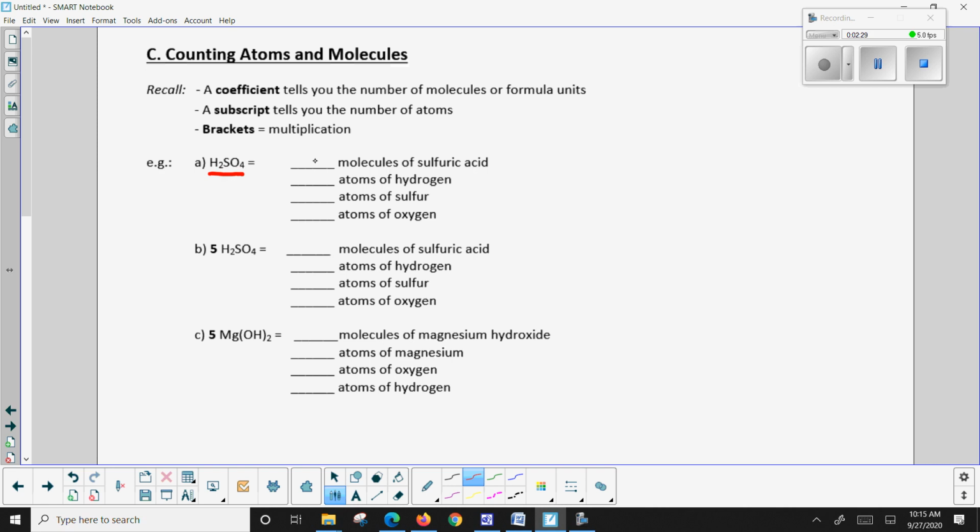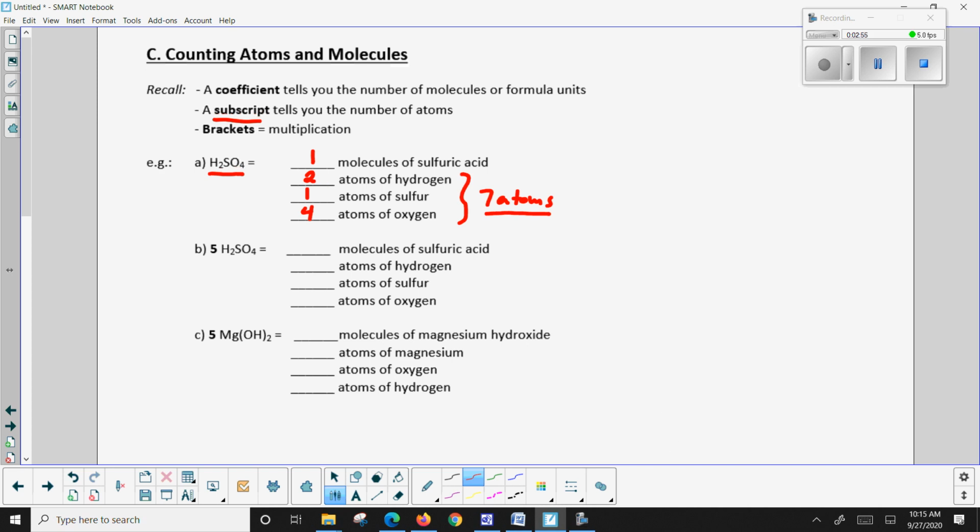We've got 1 molecule, this whole thing, of sulfuric acid. How about the atoms of hydrogen? We're going to be looking at the subscripts. So the subscript tells you how many hydrogens there are. There are going to be 2 hydrogens, 1 sulfur, and then 4 oxygen. So altogether, we're going to have 4, 5, 6, 7 atoms in this molecule, which isn't that important, but it's more the individual tally that's important.